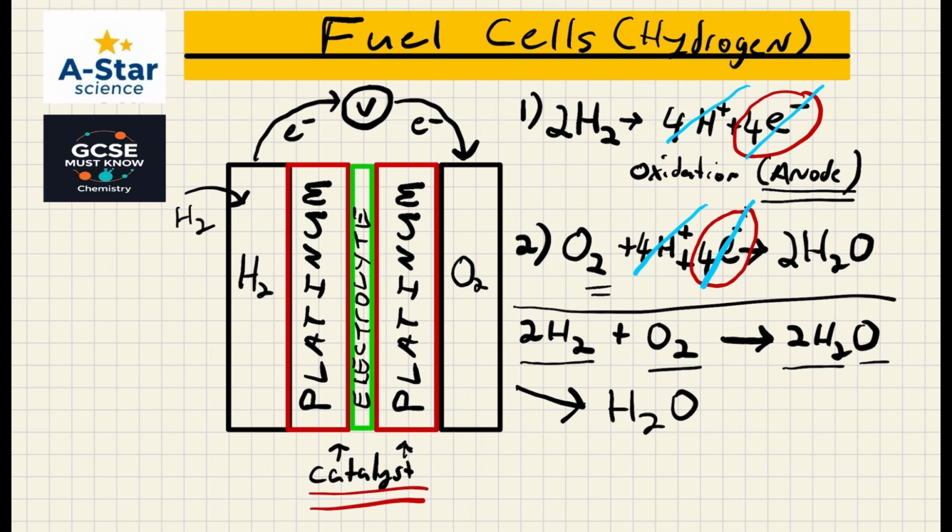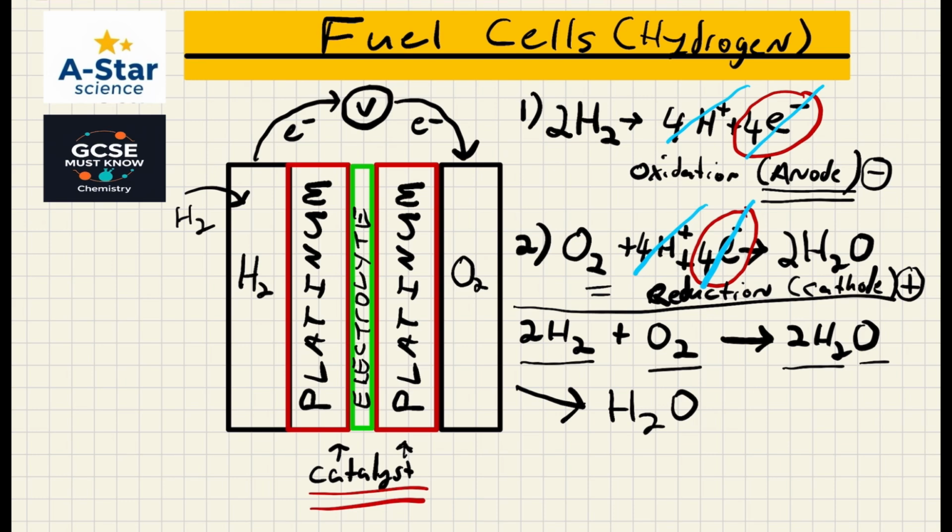Remember that oxidation occurs at the anode because we are producing electrons, whereas the oxygen is getting reduced, and this is going to occur at the cathode, because the cathode is the positive electrode and the anode is the negative electrode. So this is really important for you to understand.